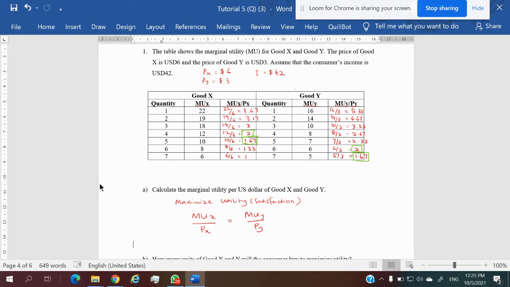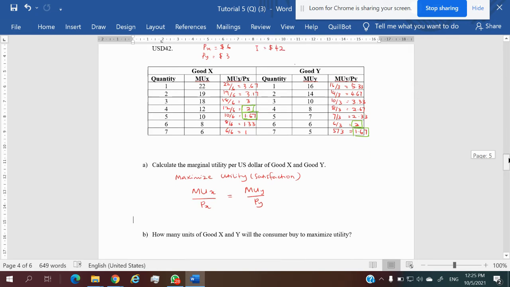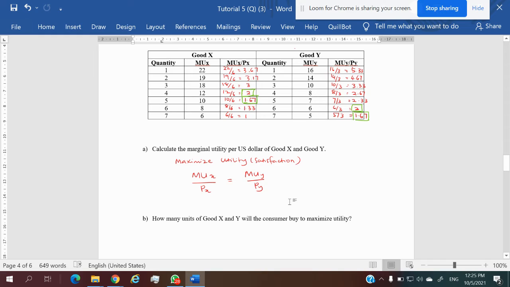So we have two combinations of goods that can give you the same or the maximum satisfaction point. Let's check which of these combinations can give you the highest satisfaction.